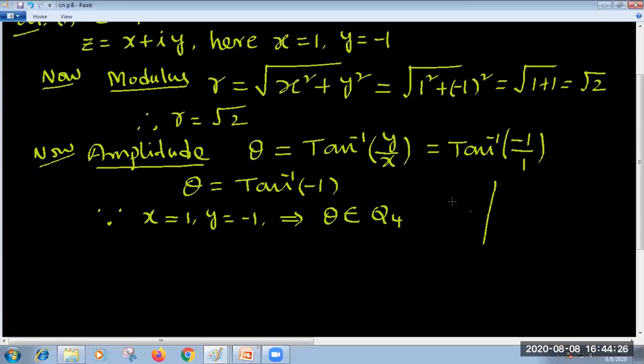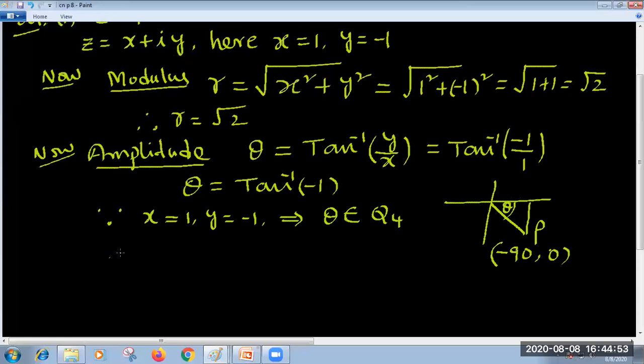Now we have to find the angle in the fourth quadrant. The angle in the fourth quadrant is from minus 90 degrees to 0.